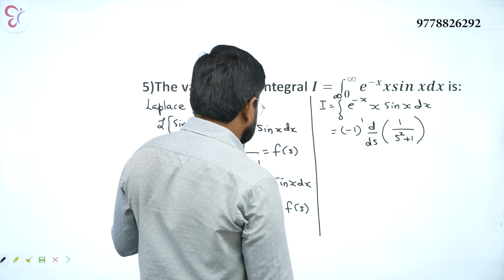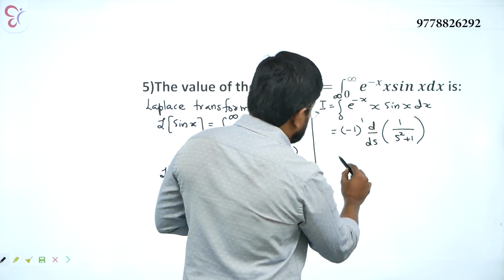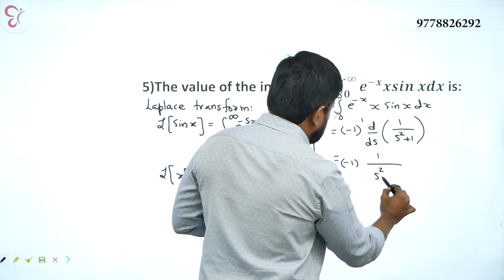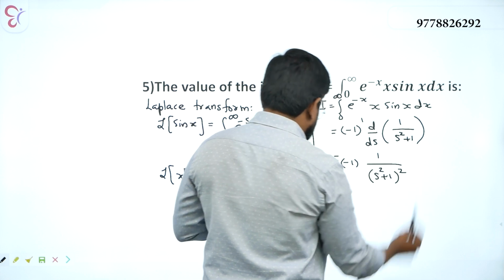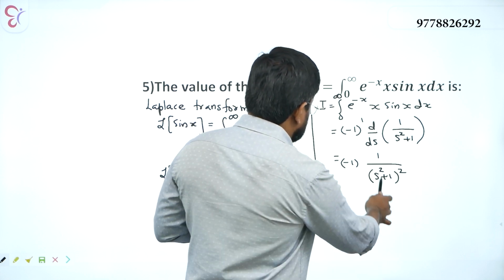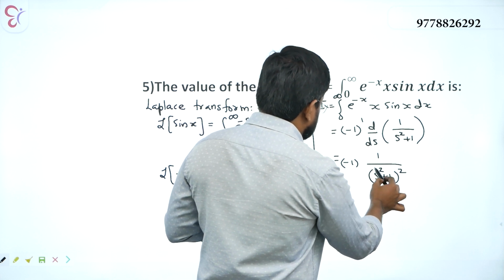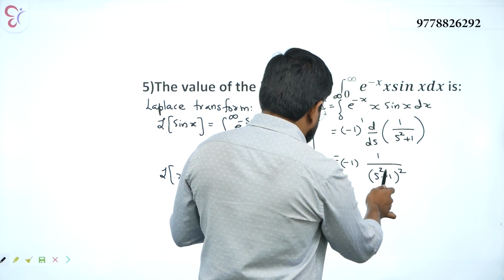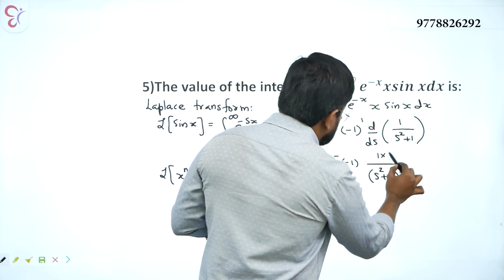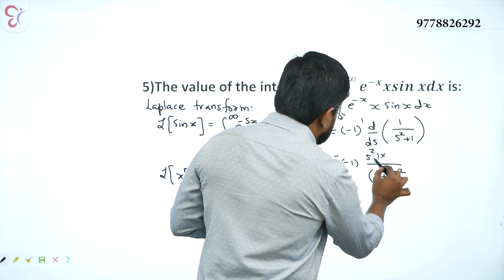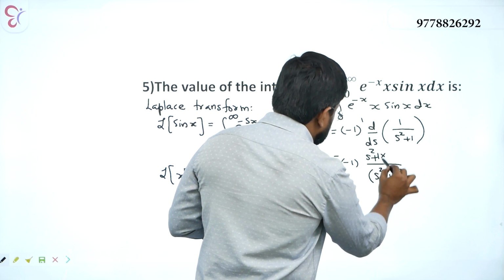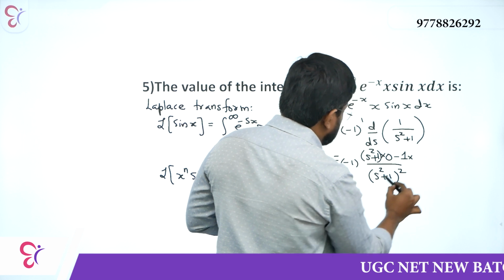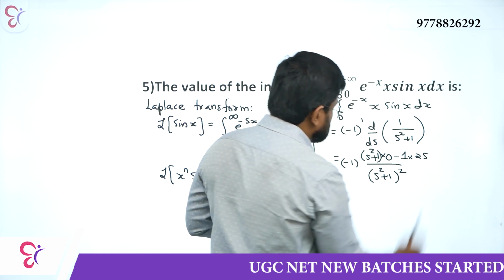1 by s square plus 1. So this is minus 1 into, by the quotient rule, s square plus 1 whole square into 0 minus 1 into the differential of this, which is 2s.